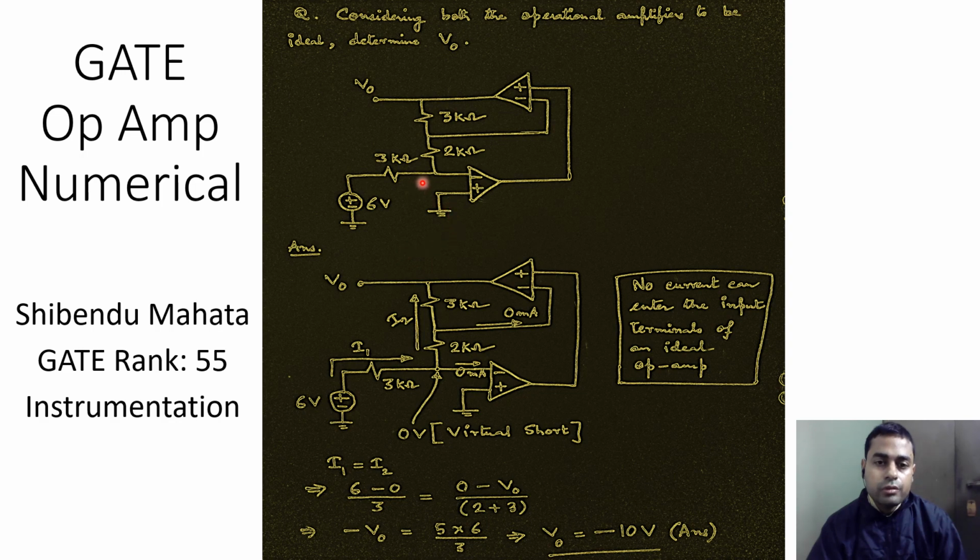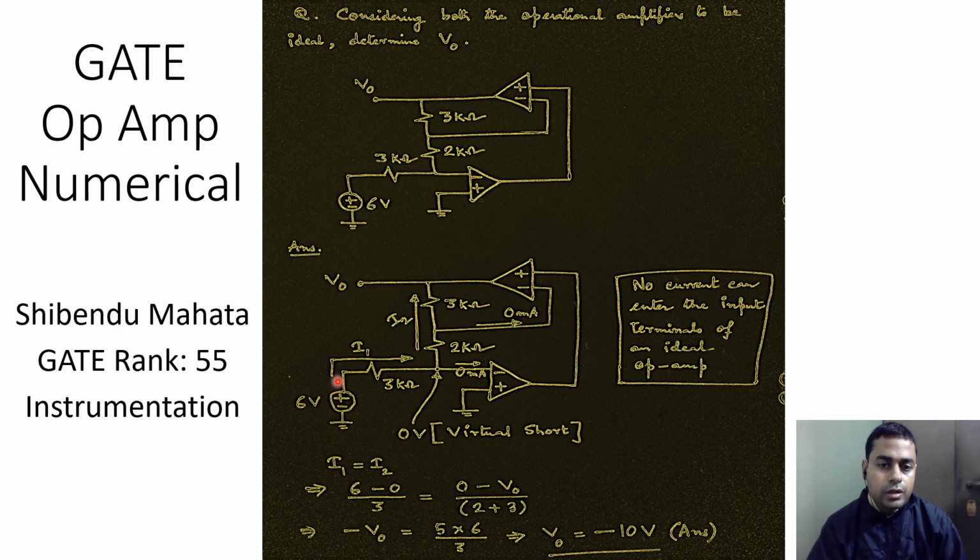So if we look at this node, we know that this node will be at a voltage of 0 volts because the voltage at the other node of the input terminal of the op amp is at 0 volt. So we can write this node voltage as 0 volt. Next, we can look at the flow of current, assuming that, let's say, a current I1 flows through this 6 volt source.